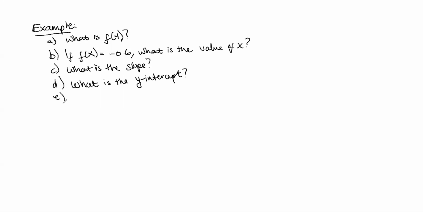And part E says using C and D, write an equation for f of x. All right, so let me give you guys the chart that it comes with, and then I'll give you some hints.